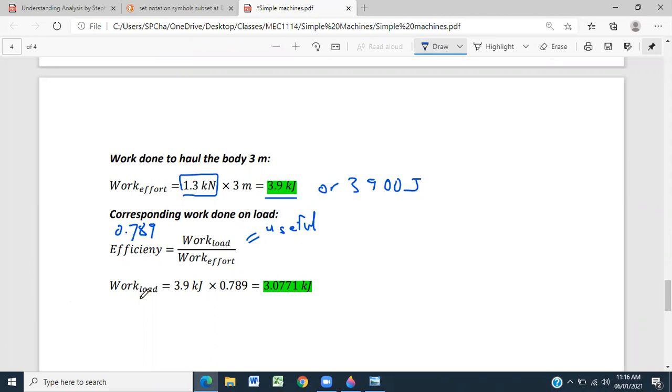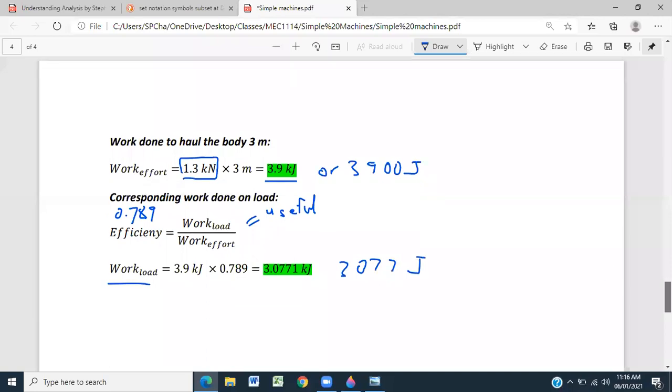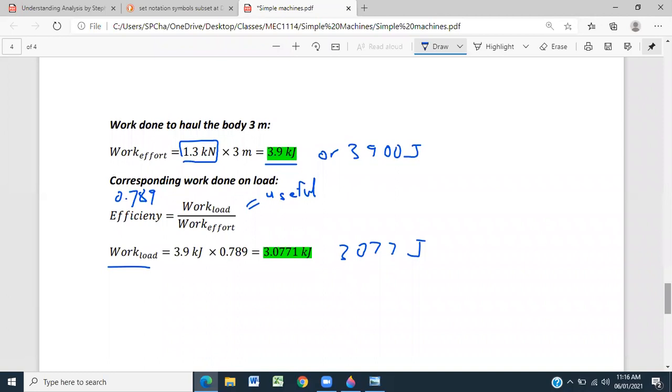Transposing, the useful work done is equal to that same 3.9 kilojoules times our efficiency in per unit, which is 0.789. That should give us 3.0771 kilojoules, or 3,077 joules. Any questions on this?